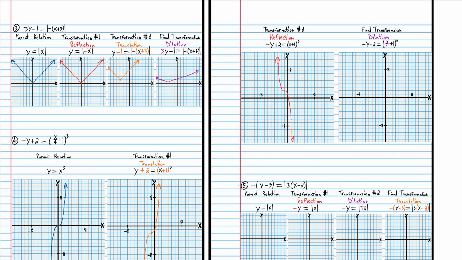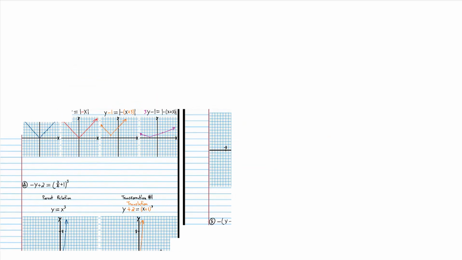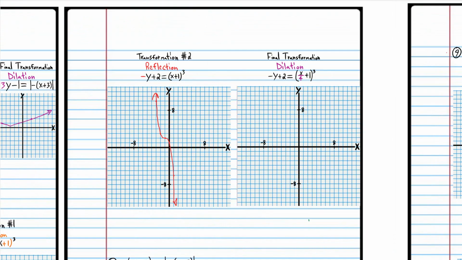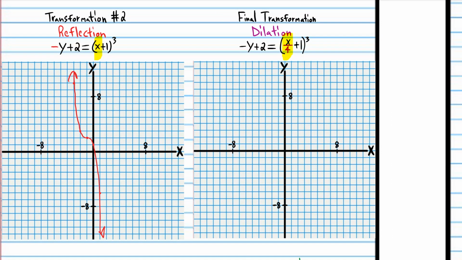Now, we see that in the equation we're trying to graph, x is divided by 4. So we're going to replace x in the previous equation with x over 4. When you do that, you take all the points of the graph of the previous equation and multiply by 4.